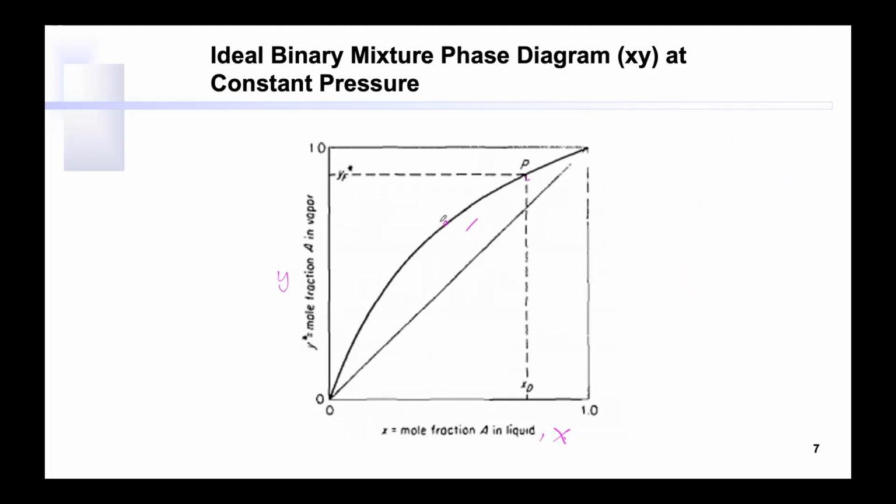For example, at one certain temperature like this, this is the vapor liquid equilibrium. What is the composition of the vapor? How to read that? We see the mole fraction in the vapor, so let's go horizontally.